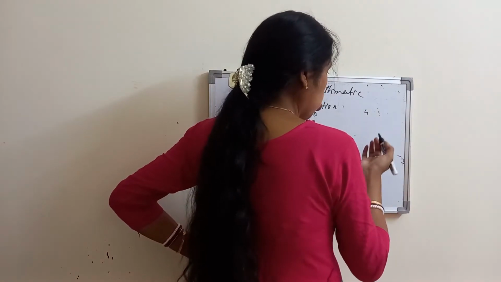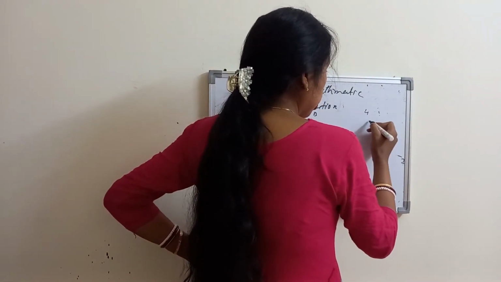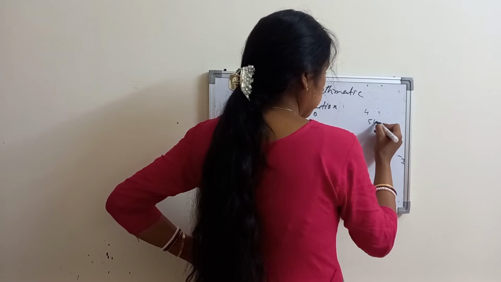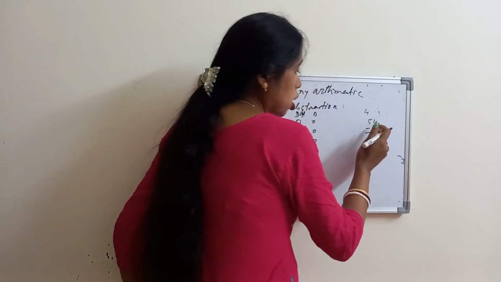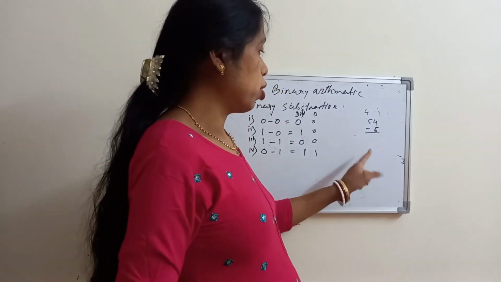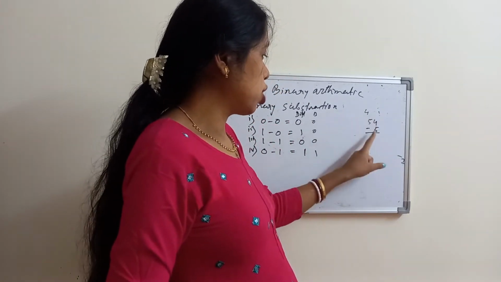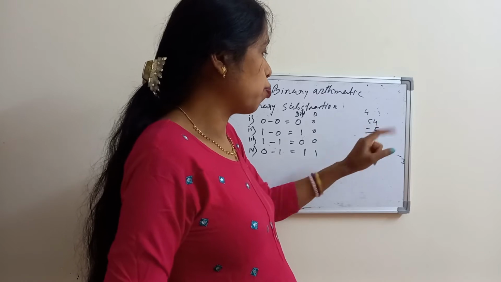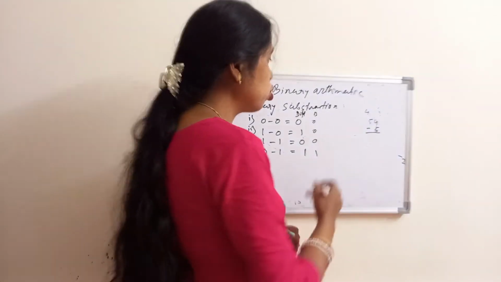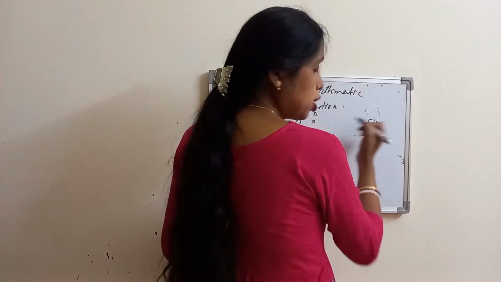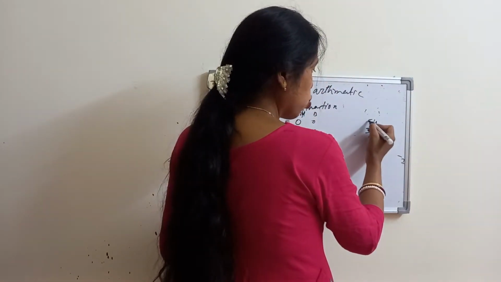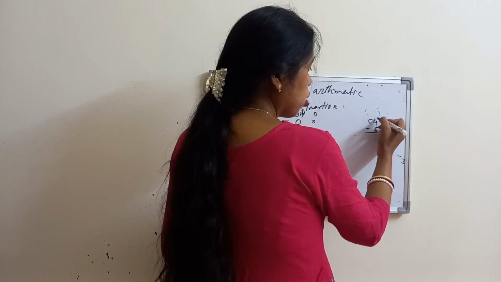Suppose in the case of decimal, what will happen? If you want to subtract 5 from 54. In the unit place, you can see 5 is larger than 4. So what we used to do is take 1 from this 5 and add 1 here.